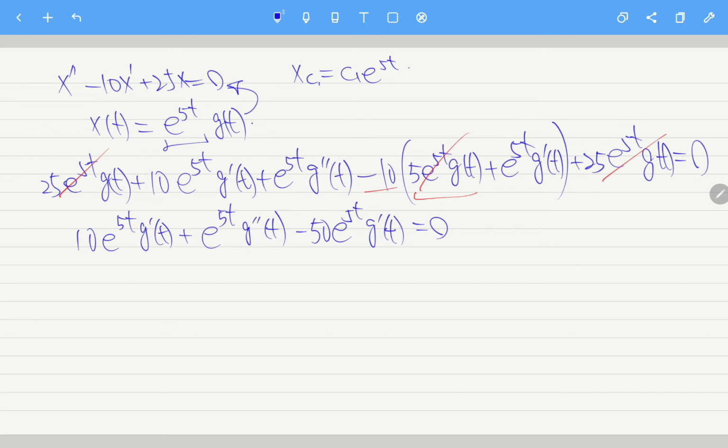Okay, so actually this one and this one can be collected together. And actually exponential to 5t is not equal to 0. So we can just cancel exponential to 5t, exponential to 5t, exponential to 5t like this.